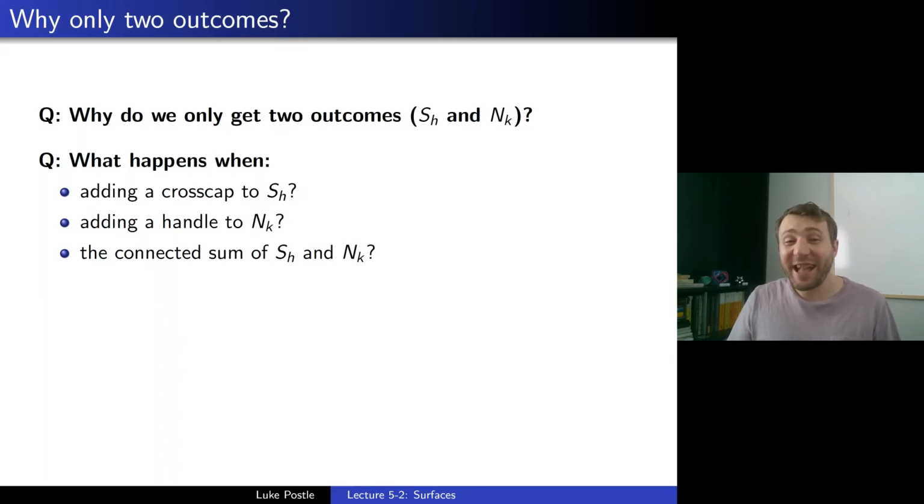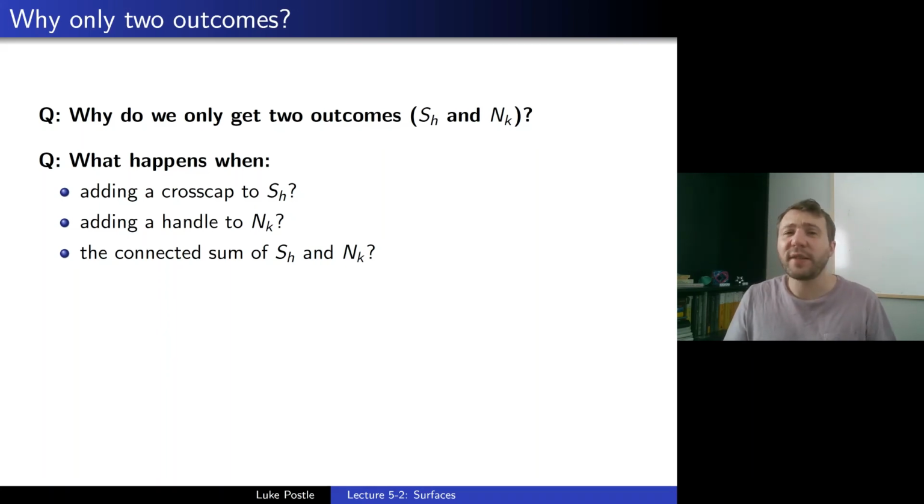What if we're adding a handle to N_k? Or what if we're taking the connected sum of S_h and N_k? When we add cross caps to N_k, you get a larger N_k, handles to S_h, a larger S_h. The connected sum of two S's is an S, two N's is an N, but what about these mixed cases? What happens then? Why don't we get some weird third family, or really an infinite spectrum where we have some number of handles and some number of cross caps?